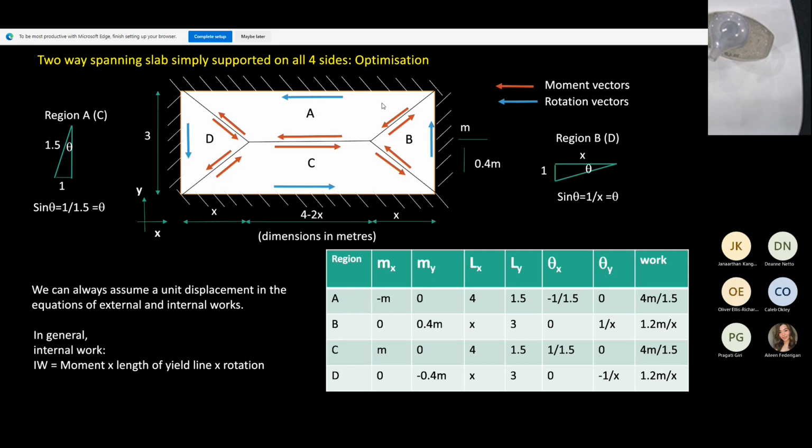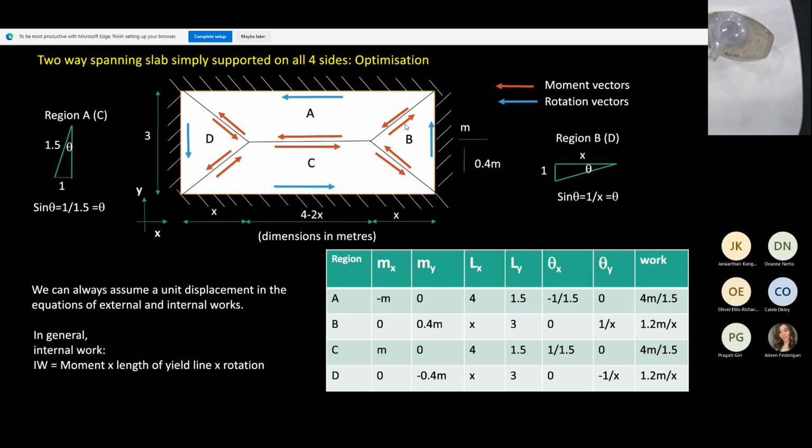Agreed on the x? So all 3 vectors for region A projected on the x-axis will give you a negative value, and it's m. Because on the x-axis, this is the maximum moment. That's the moment of resistance. That's the maximum moment you can have. So when you project these vectors on the x-axis, it's minus m. Clear?